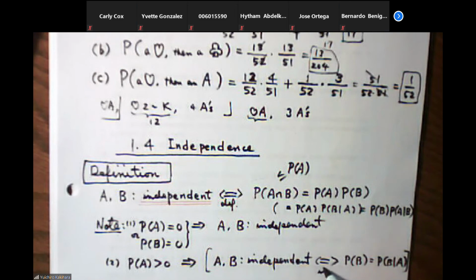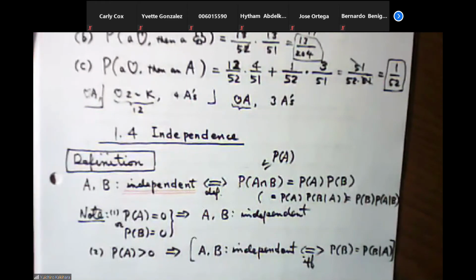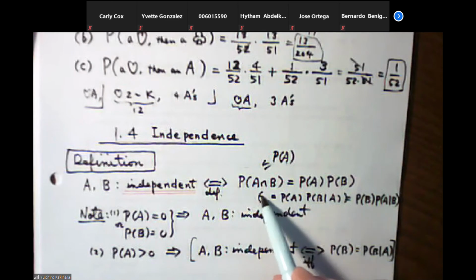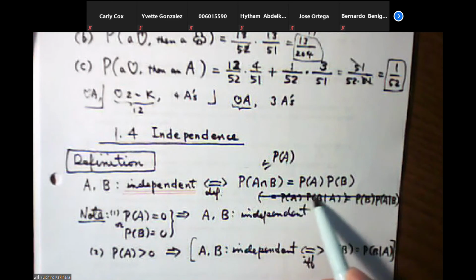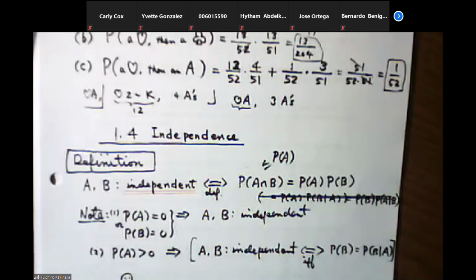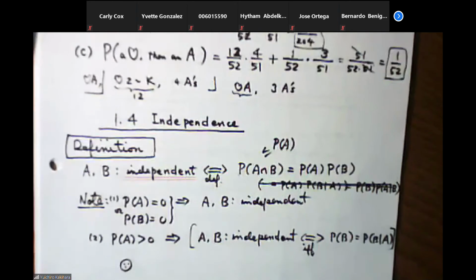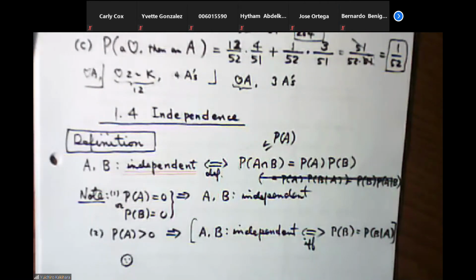This is true if and only if. I can show this. When the probability of A is positive, then this conditional probability is defined.